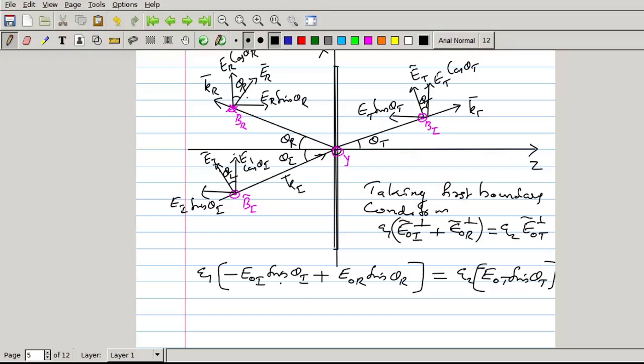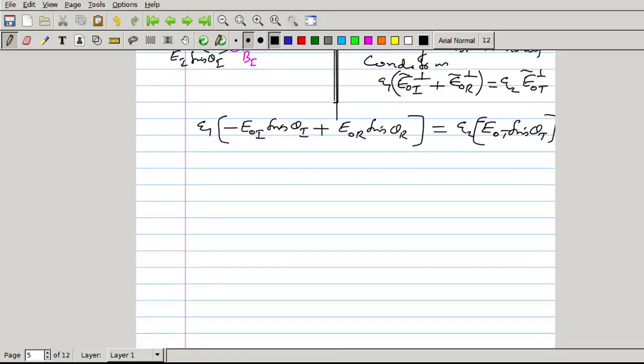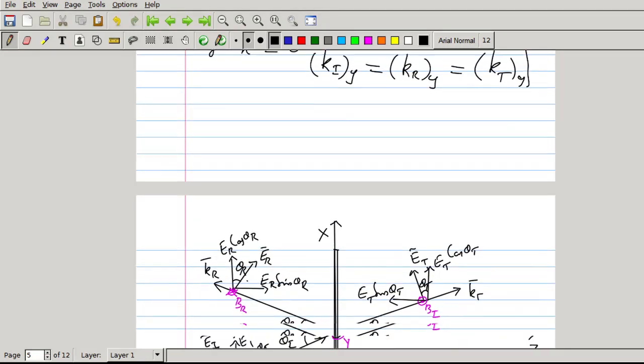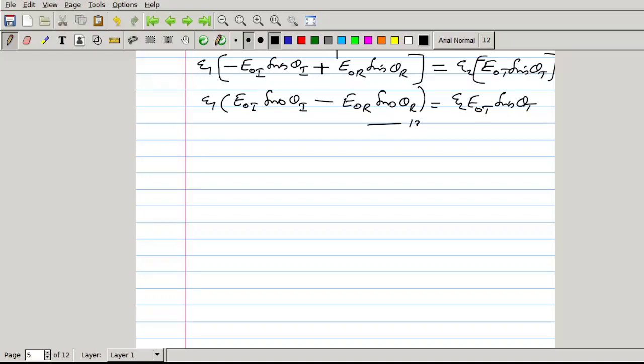If I cancel the minus from all these terms, then I will have epsilon 1 E0I sin theta I minus epsilon 1 E0R sin theta R is equal to epsilon 2 E0T sin theta T. This equation I am taking as equation number 13.